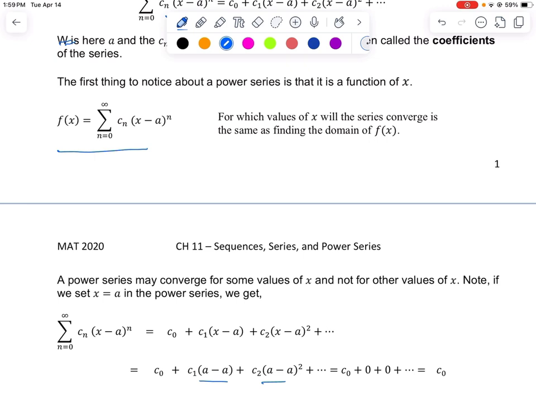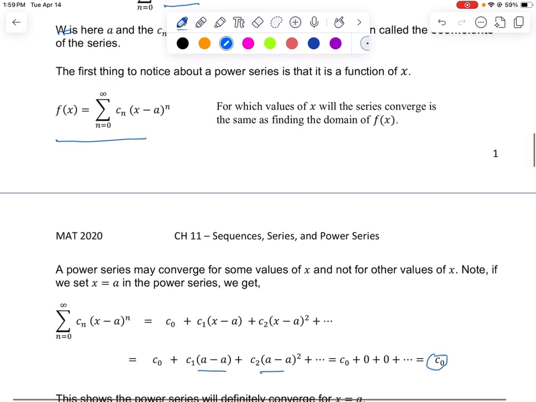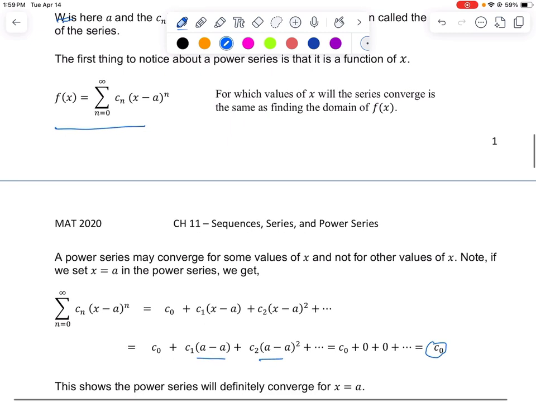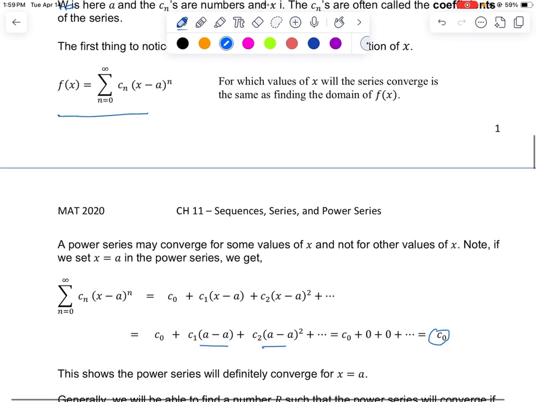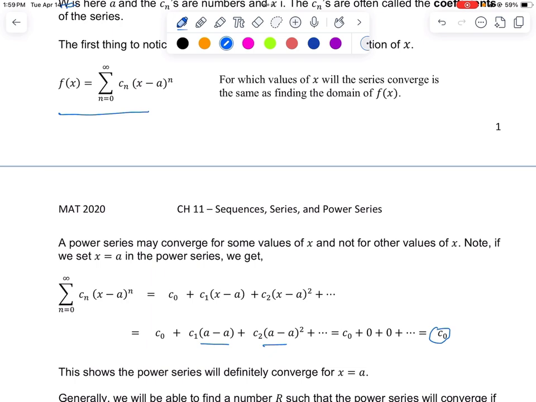What does that tell you? We are getting a specific number at the end. When I add up all this in terms of the series, it means it converges. So this tells us that no matter what the power series is, it always converges at a. What is a?